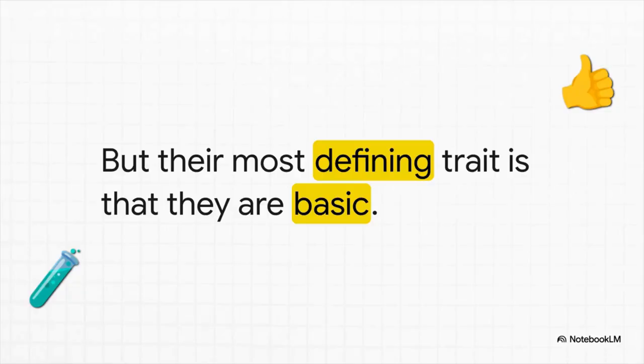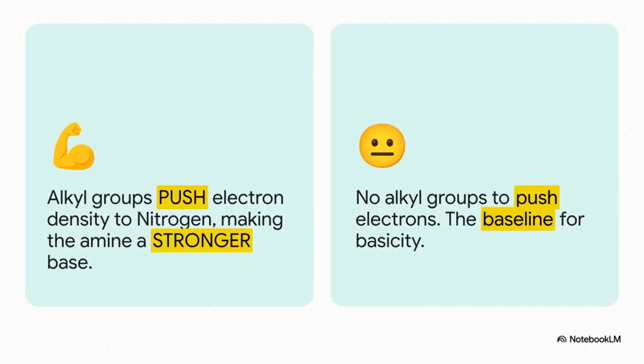But as important as hydrogen bonding is, the real defining chemical trait of the entire amine family is that they're basic. Because of a lone pair of electrons just sitting on that nitrogen atom, amines are fantastic at accepting protons, which is the very definition of a base. So here's the crucial part. Those descendants, the alkylamines, are usually stronger bases than their parent, ammonia.